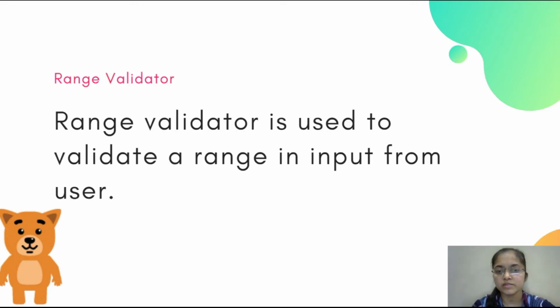The range validator is used to validate a range in the input from the user. When the user inputs something and you want data in a specified range, like many job websites that take your age, with the age between 18 to 50 only, or between 18 to 70 only, at that time the range validator is used.